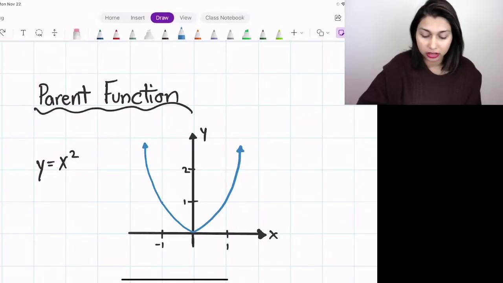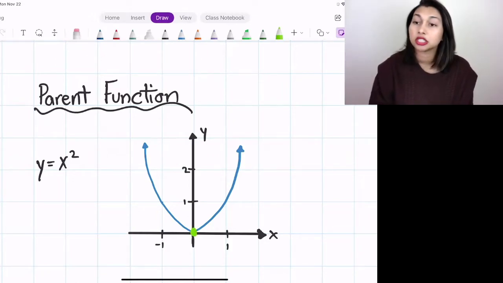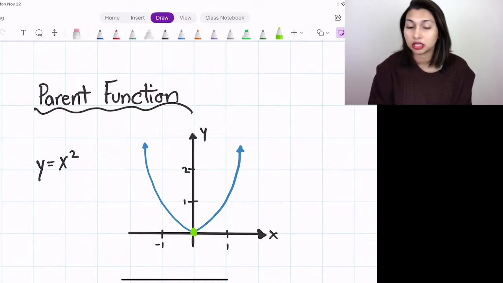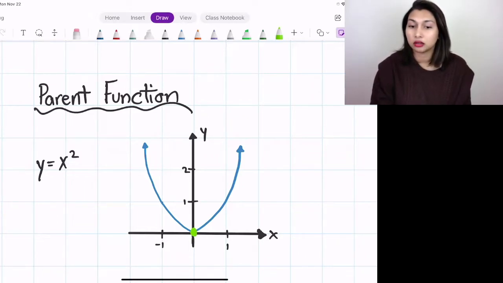As we can see over here, we're able to identify a few different things. We're able to identify the vertex, which is located at the origin, meaning (0, 0). We also know that it follows the step pattern of 1, 3, 5, and so forth.